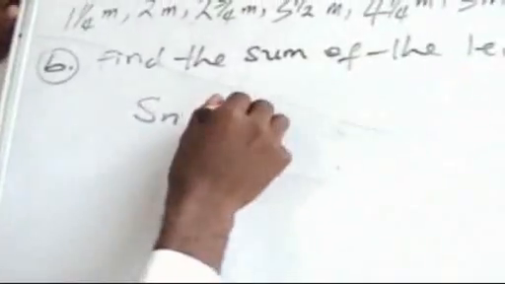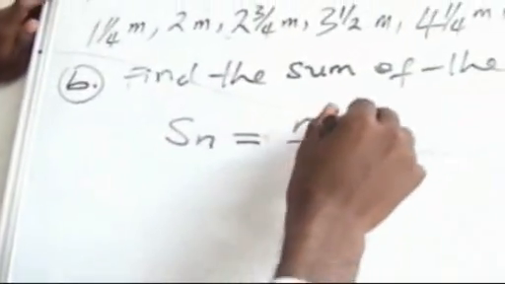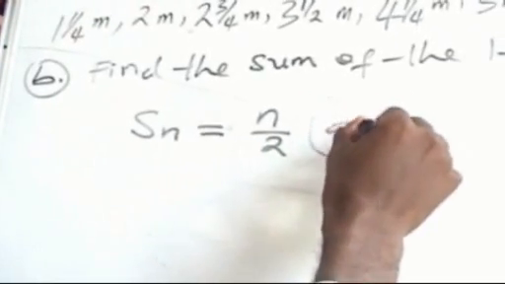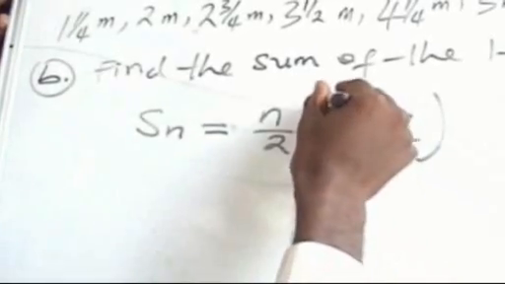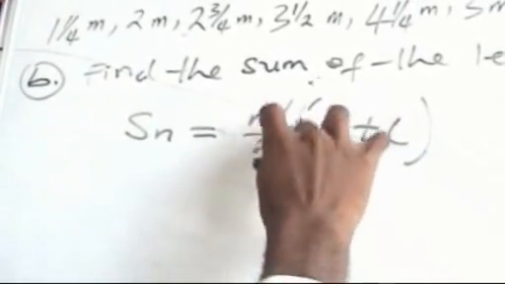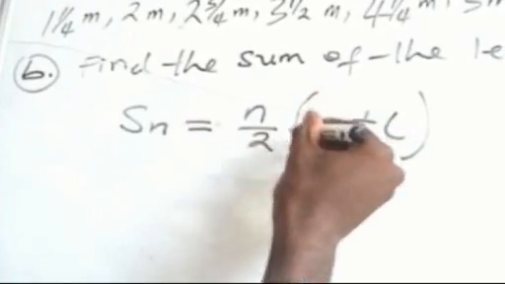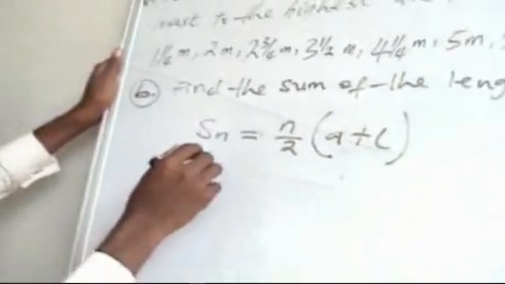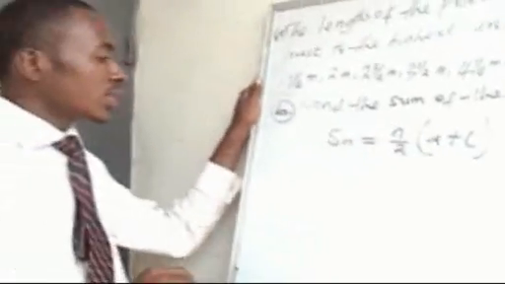Sn is equal to n divided by 2 into (A plus L), where A is the first term in the sequence, L is the last term in the sequence, and n is the number of terms in the sequence.